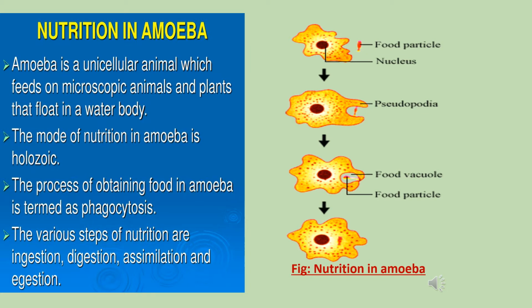After the digestion, absorption and assimilation are simultaneous, and finally the waste-containing vacuoles come out to release the waste by the process called egestion. So we find amoeba is very common with human beings in the process of digestion. The process of taking food in amoeba is known as phagocytosis.